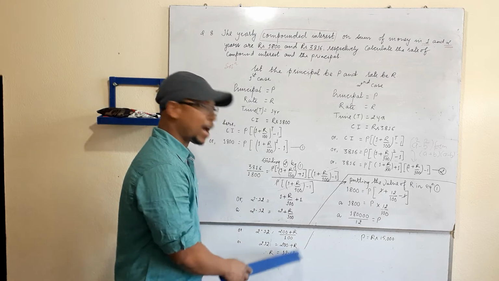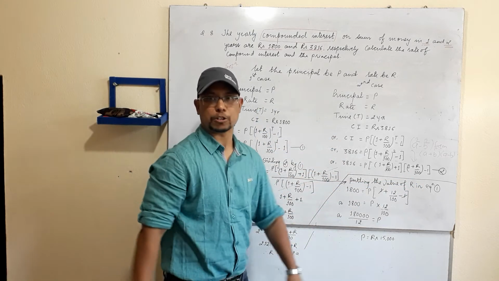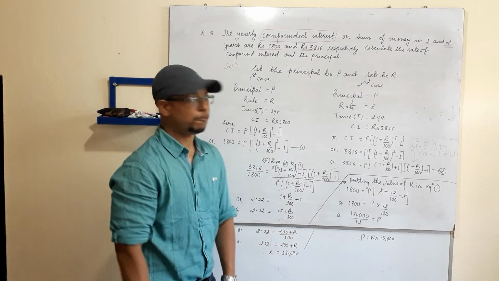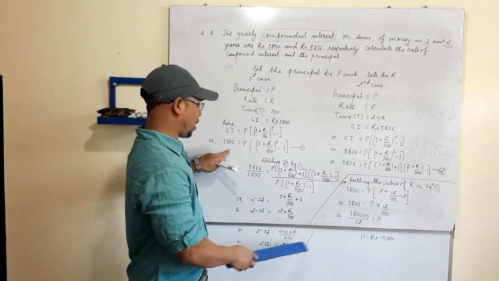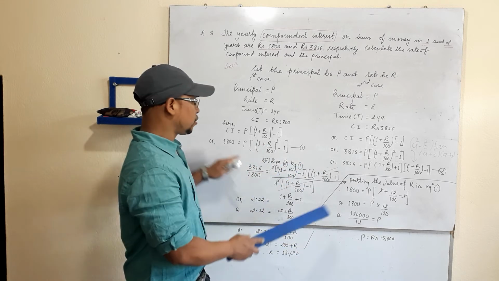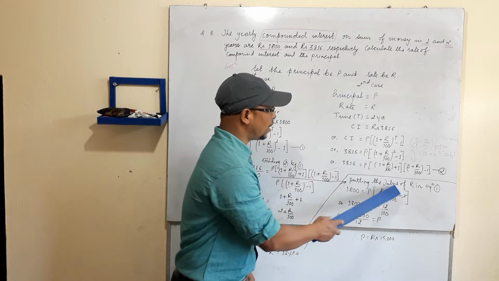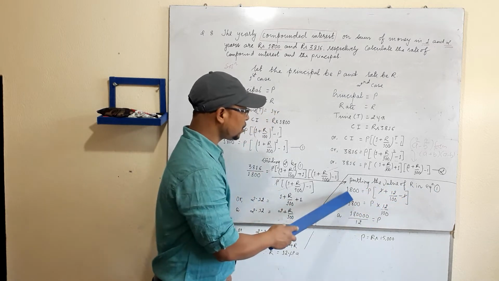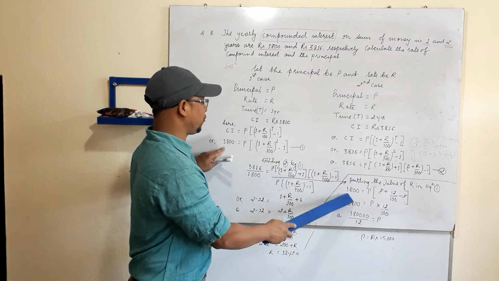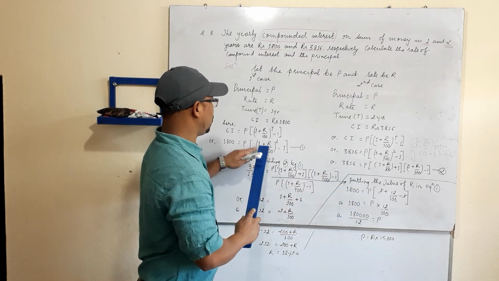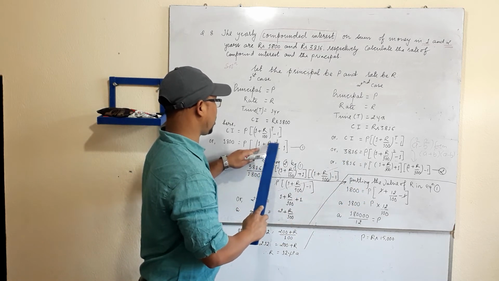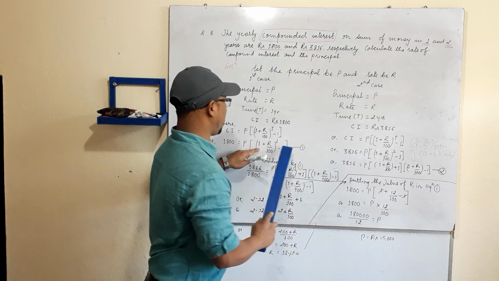Now let's substitute the value of R in either of the equations to find the value of P. So I am substituting this value of R in equation 1. Putting the value of R in equation 1, we get 1800 equals P[(1 + 12/100) - 1].